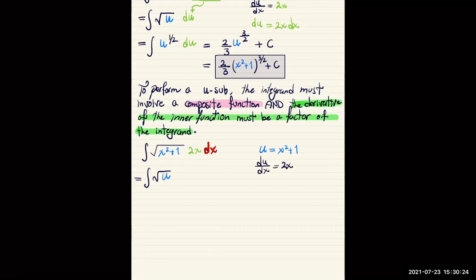Multiply both sides by dx to get rid of the fraction. Since I have to also transform this dx in terms of u, I solve this relation for dx. dx is equal to du divided by 2x. So you're going to stick that for dx over here.